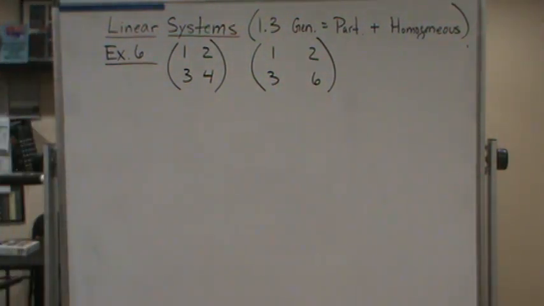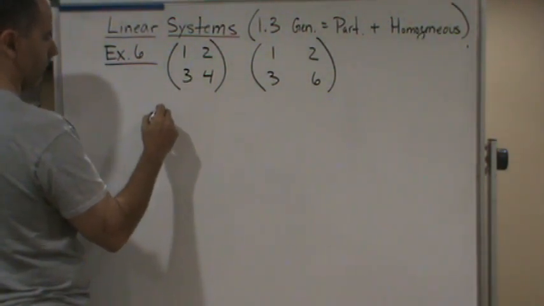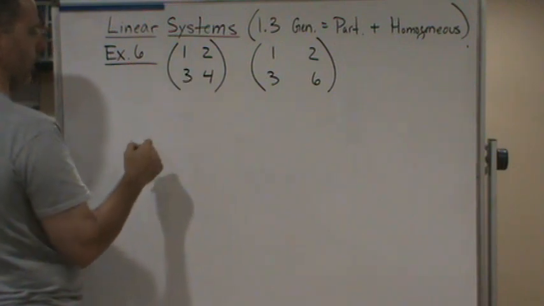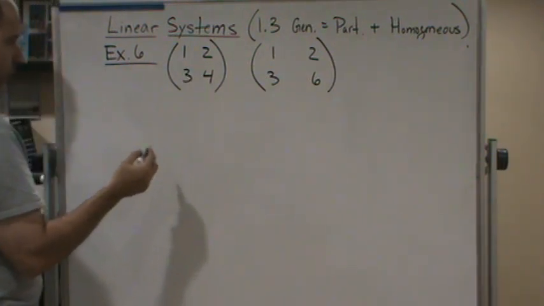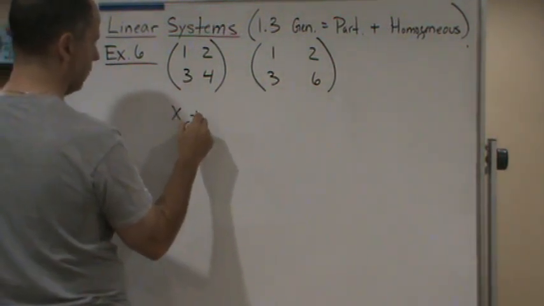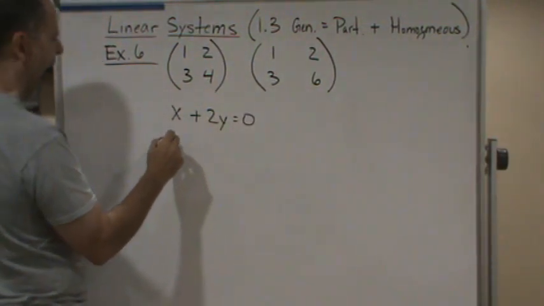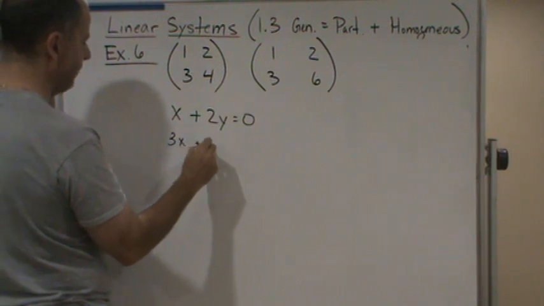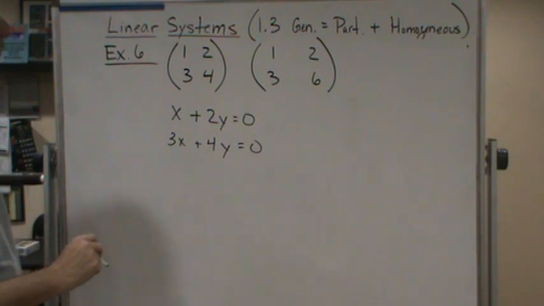Now if we set this up, we can see that there's the same number of variables and equations for these. So here we go: x plus 2y equals 0, 3x plus 4y equals 0.